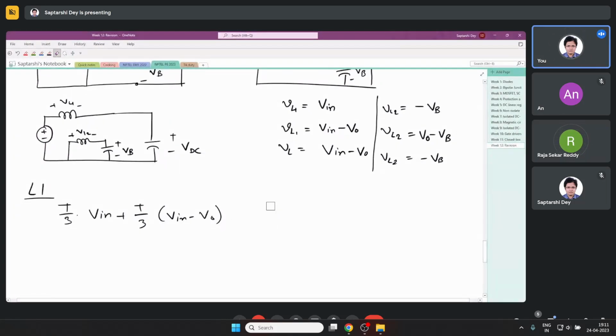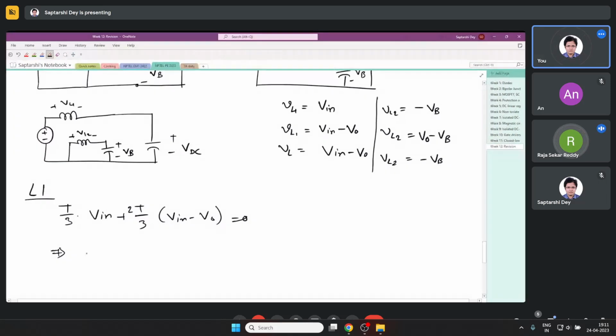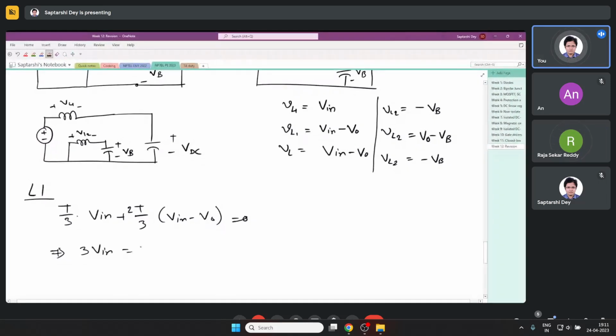So I'll just make a 2 here, equals 0. So T by 3 gets cancelled out. We have 3 V in equals 2 V naught.